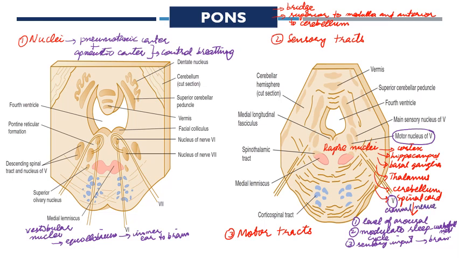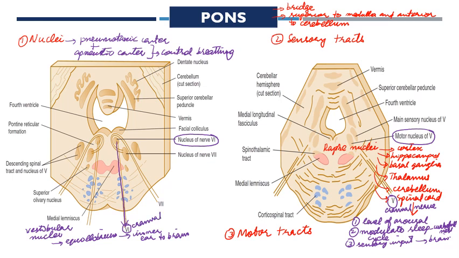Then they also contain nucleus of cranial nerve 6, and from this nucleus the axons arise and they form sixth cranial nerve.